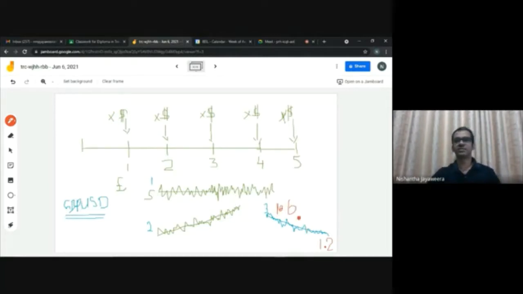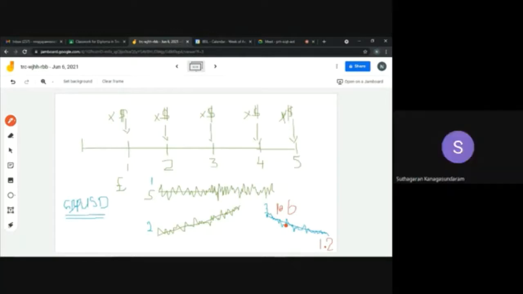At time 0, the exchange rate was 1.6. At time t equals 5, the exchange rate is 1.2. The exchange rate is GBP USD. Which currency has appreciated? The dollar appreciated against GBP. So is it a risk to the UK firm? Yes, it is.